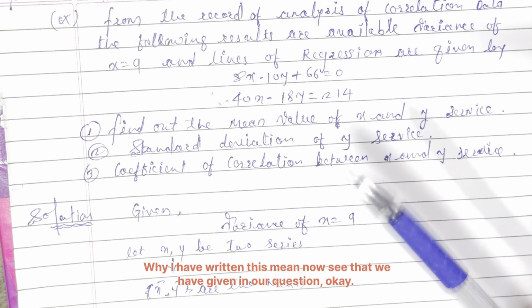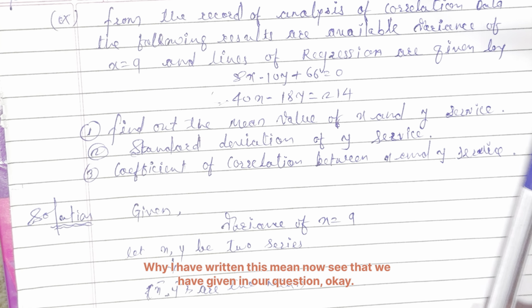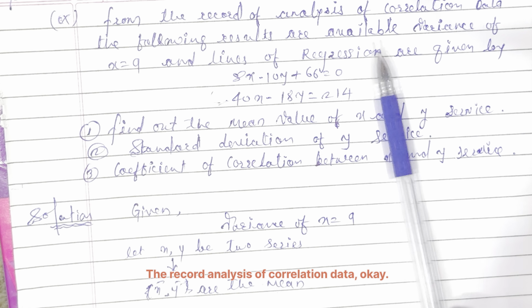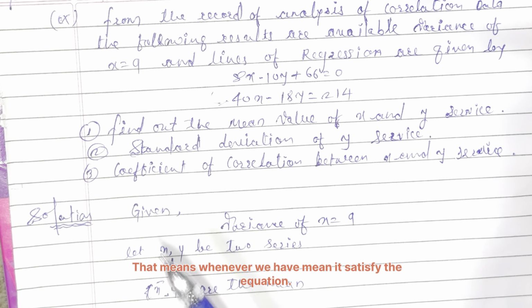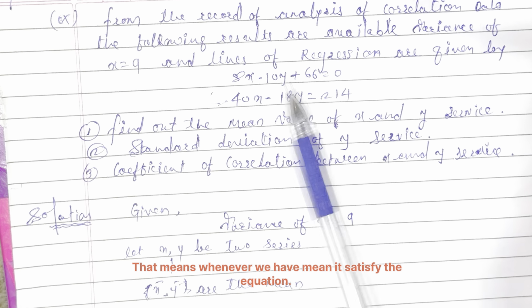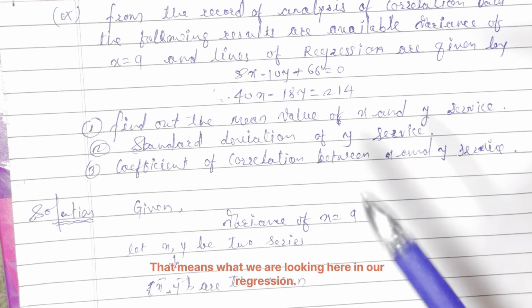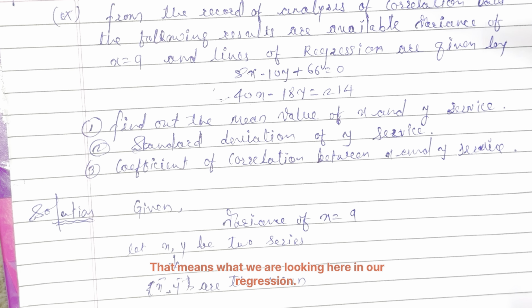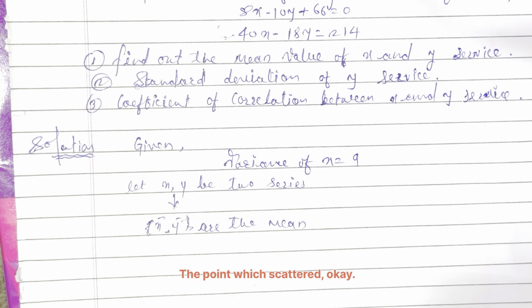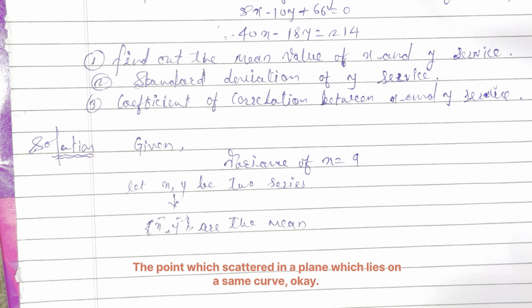Now see what we have been given in our question: the record analysis of correlation data. That means whenever we have the means, they satisfy the equation. In regression, the points which are scattered in a plane lie on the same curve.